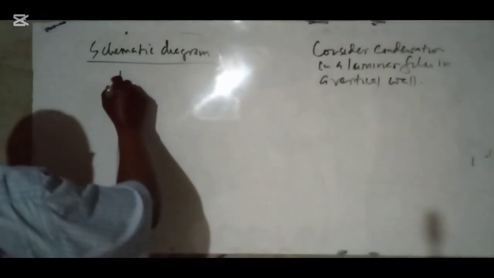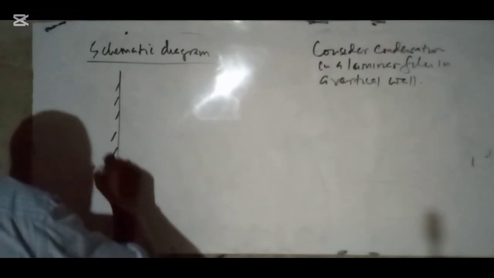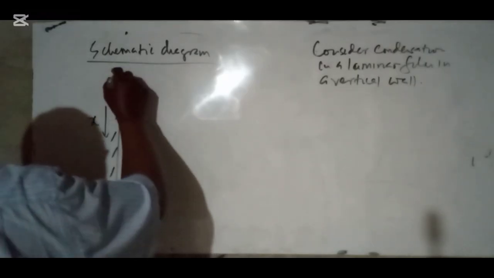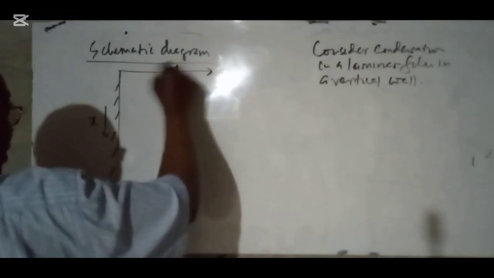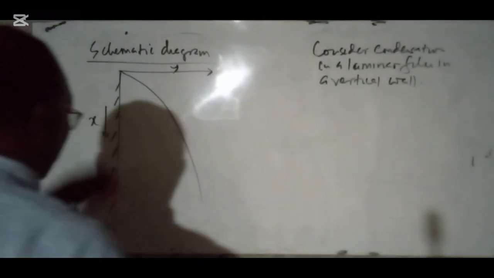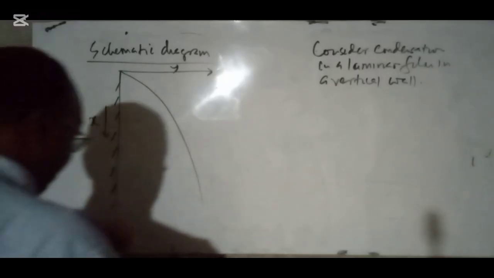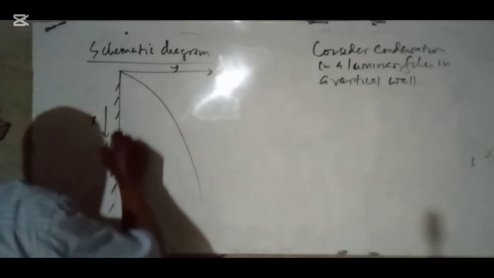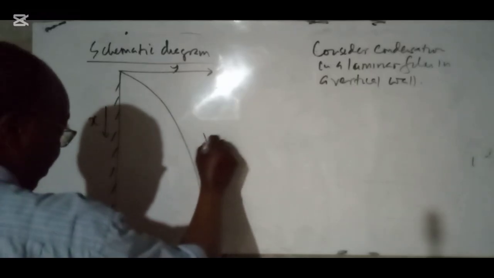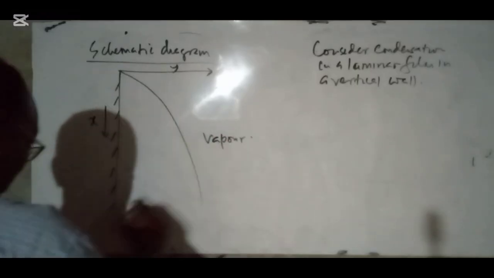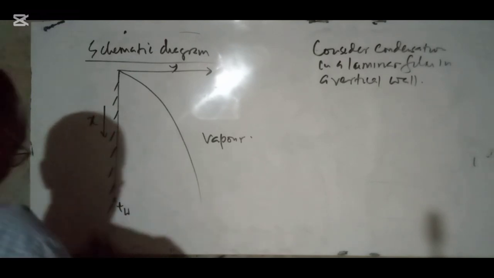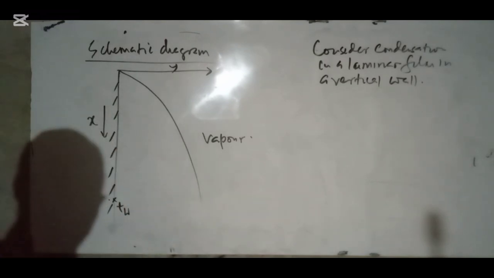We have our vertical wall. Call that X, and that's Y. Here we have the vapor. That's the wall temperature.